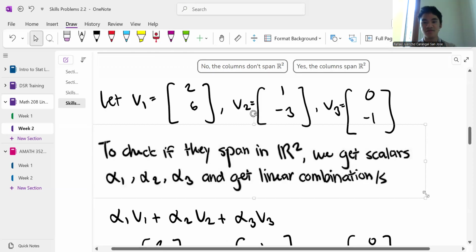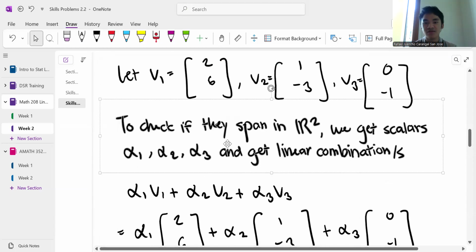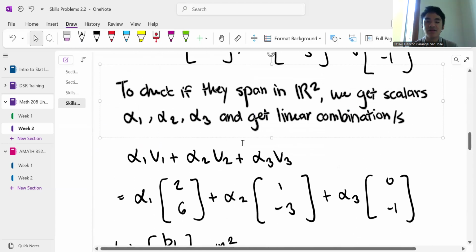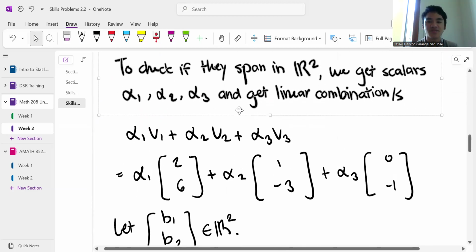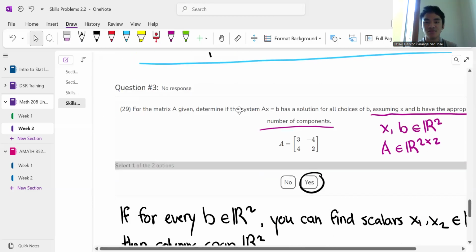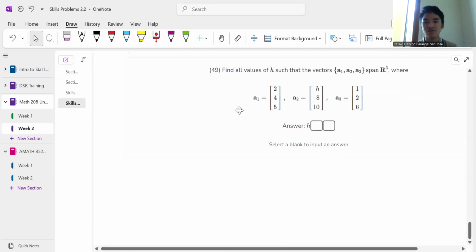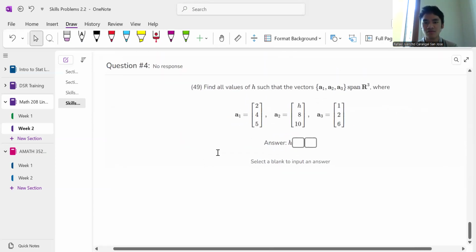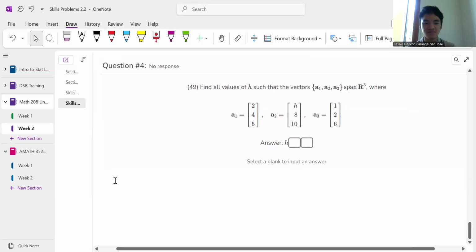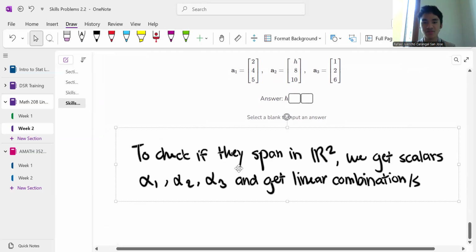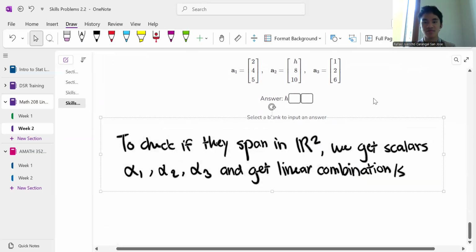So to check if such vectors span in some particular R2 or Rn, we get their corresponding scalars and their linear combination to see if this thing works, right?